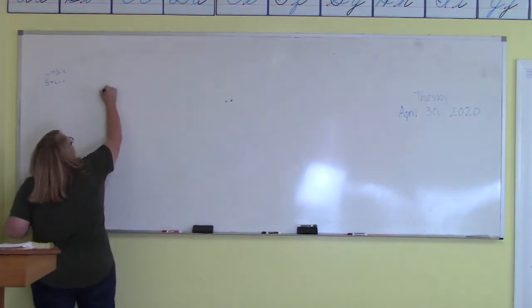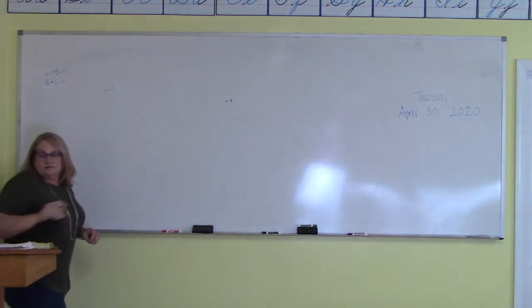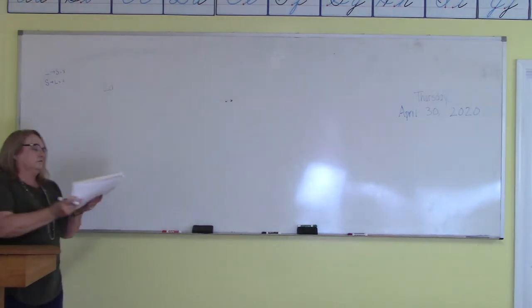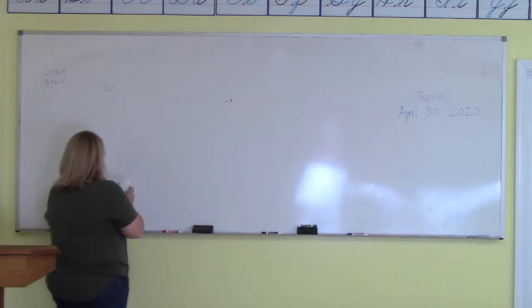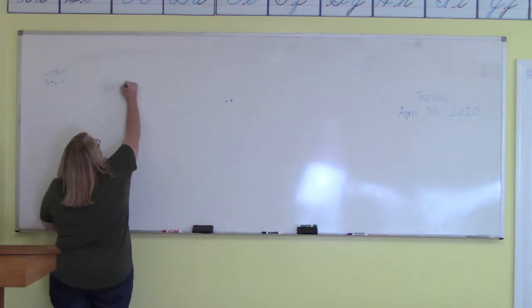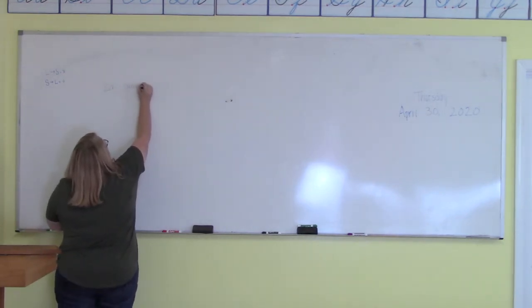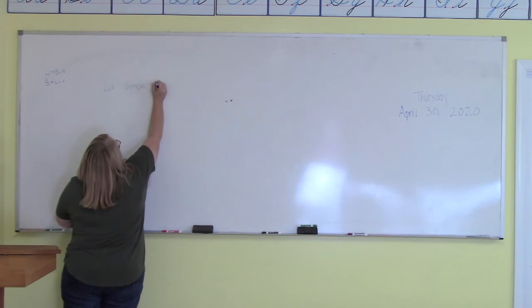For 2D, all right, this is a trapezoid. So we know it is a simple closed curve.